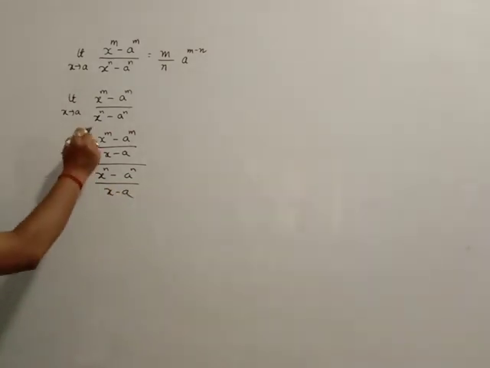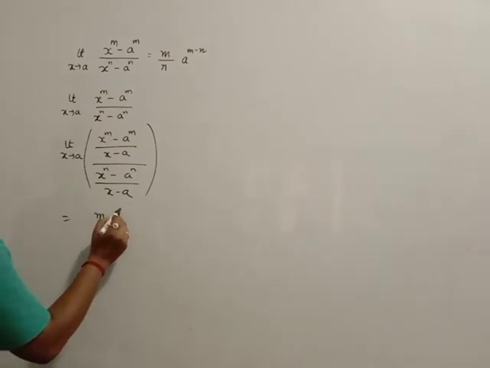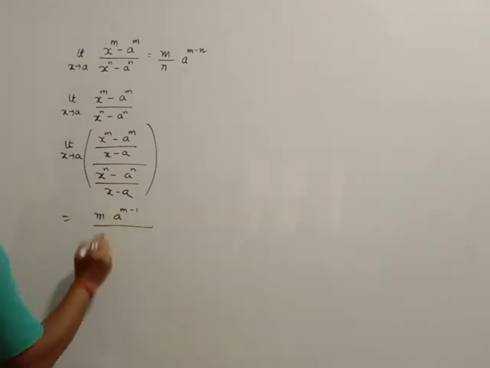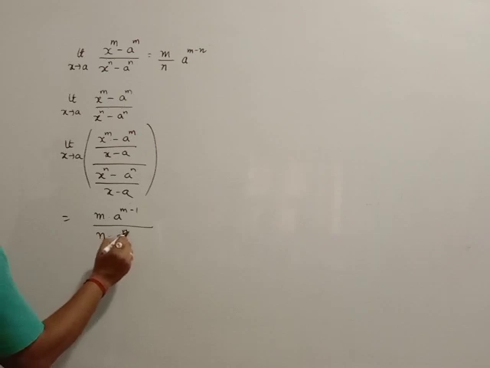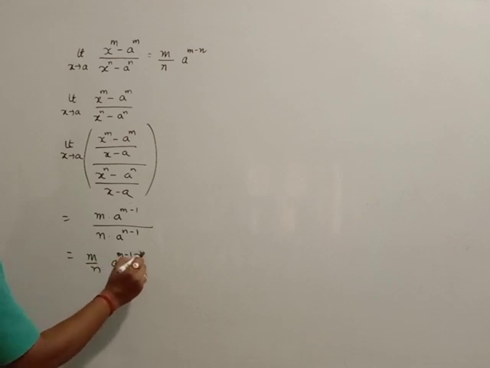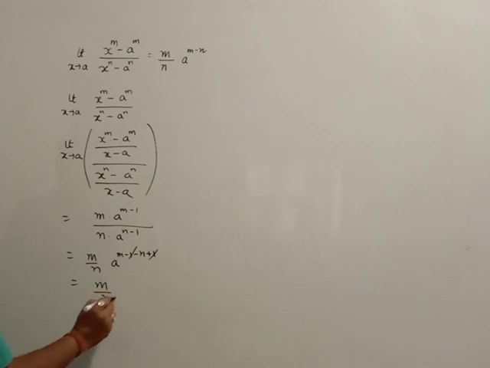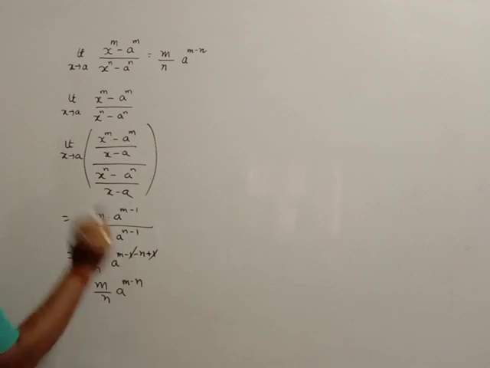After using the before formula, it is m into a power of m minus 1 in the numerator and n into a power of n minus 1 in the denominator. So that is m by n, with the powers going to the numerator: m minus 1 minus n plus 1. The plus 1 and minus 1 cancel, giving m by n into a power of m minus n.